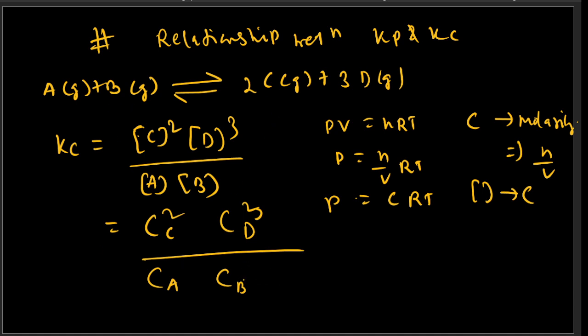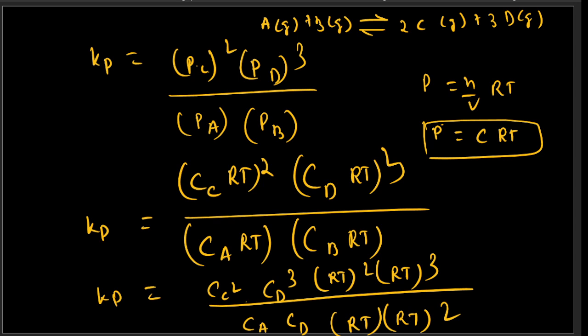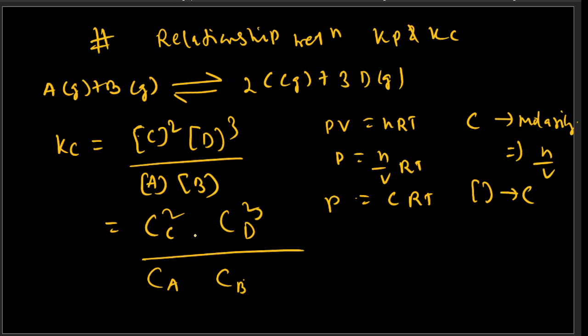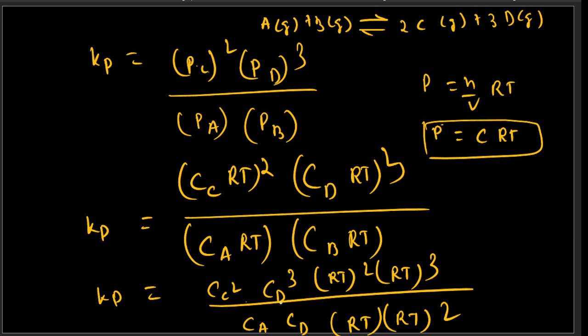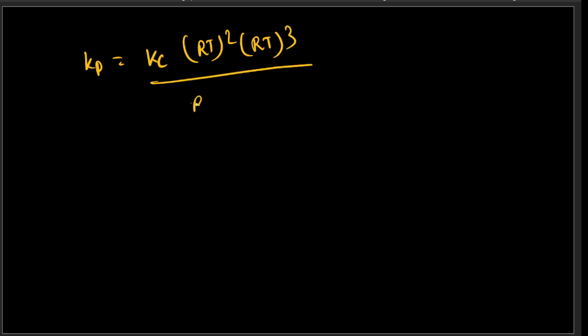So this value and this value are the same. So Kp equals Kc times RT squared, RT cubed over RT and RT.